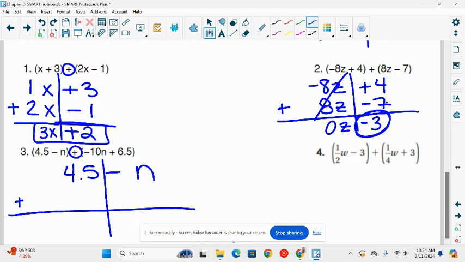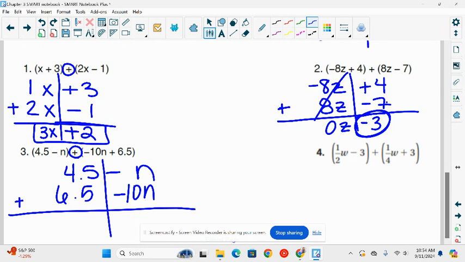Now I do have to pay attention. This is not just 10N, it's negative 10N, and this is positive 6.5. Now are they in the right categories? Yes, they are now. So can we do it? Yes.